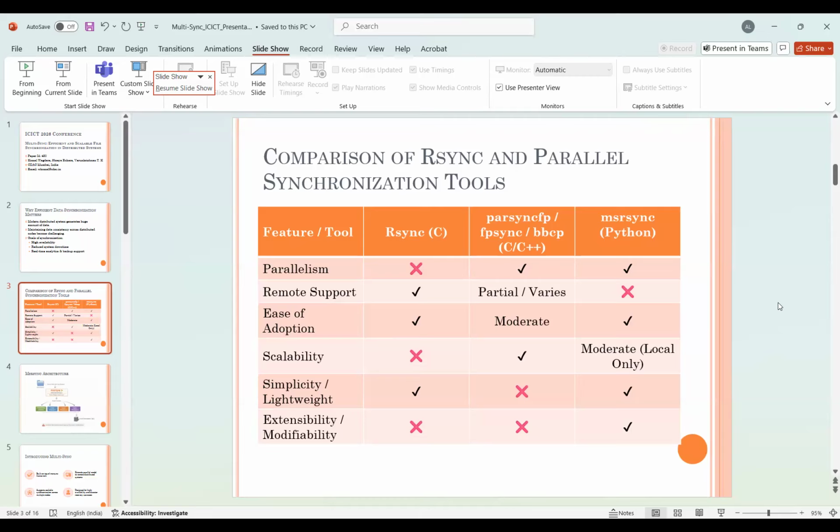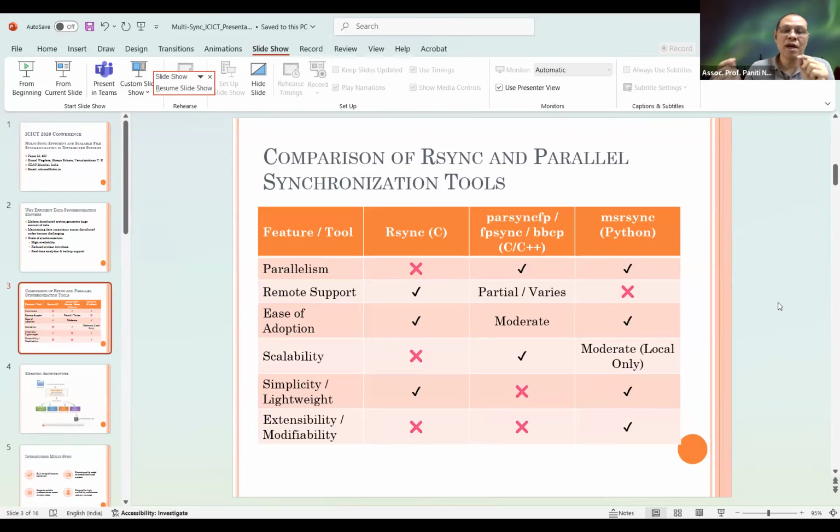If you use rsync directly, it is single threaded. But yes, you can do some external things to make it parallel, like the MSRsync tool does in Python. By using multiprocessing, it invokes multiple instances of rsync to send the data in parallel. So I think these two things are very different.